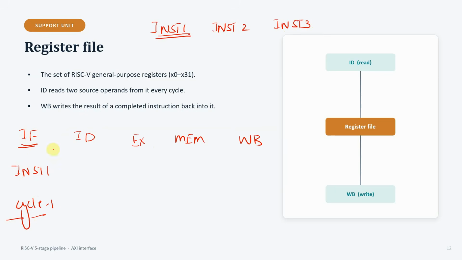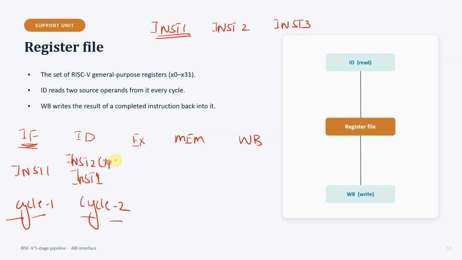In cycle 1, instruction 1 was fetched, and in cycle 2, I'm going to decode my instruction number 1, and at the same time I'm also going to fetch my instruction number 2. So instruction number 2 will be fetched.